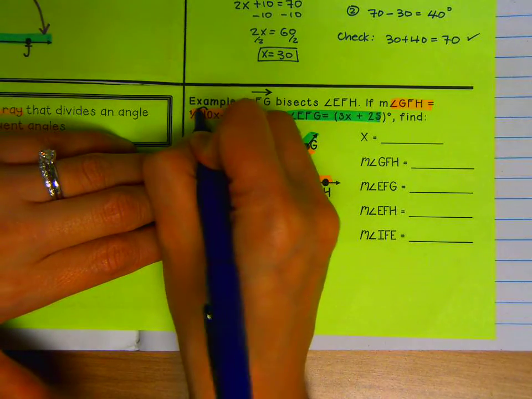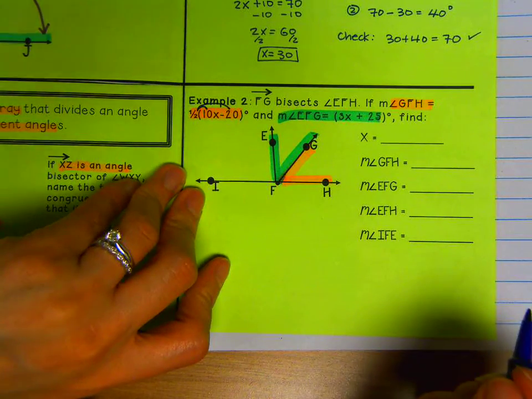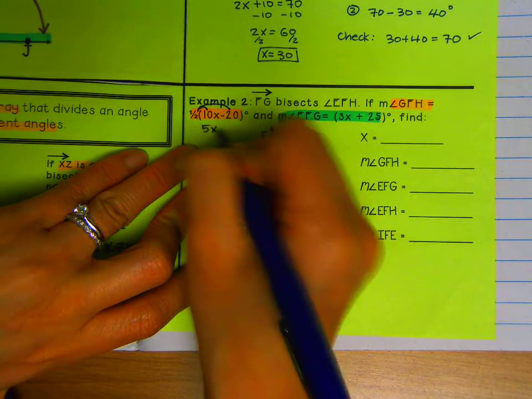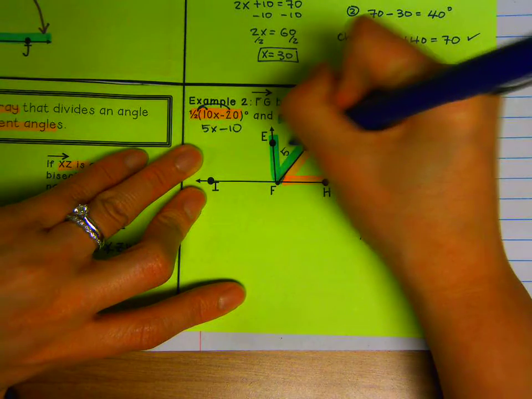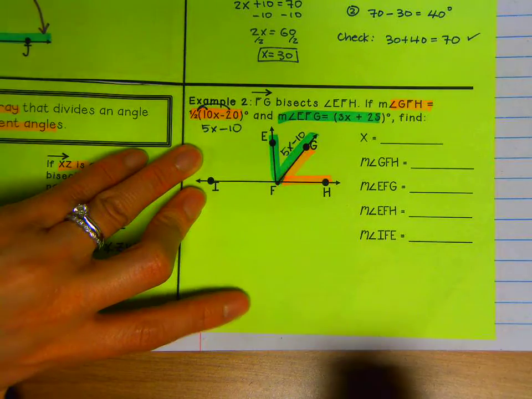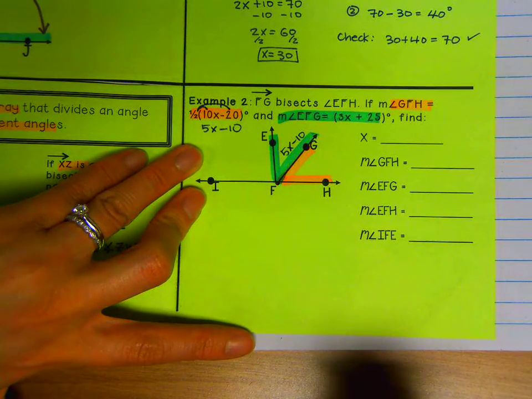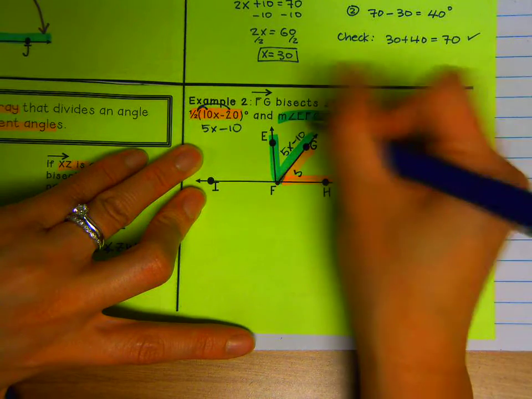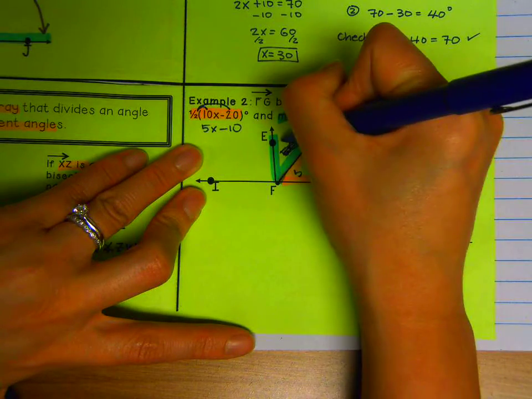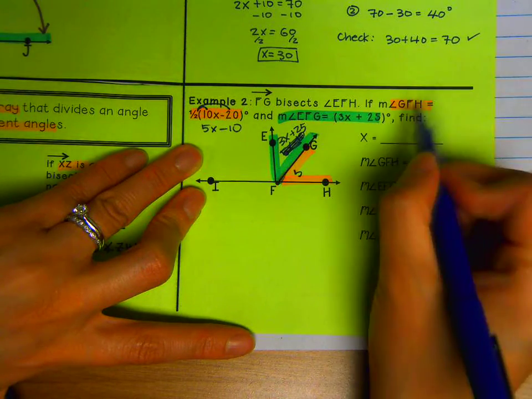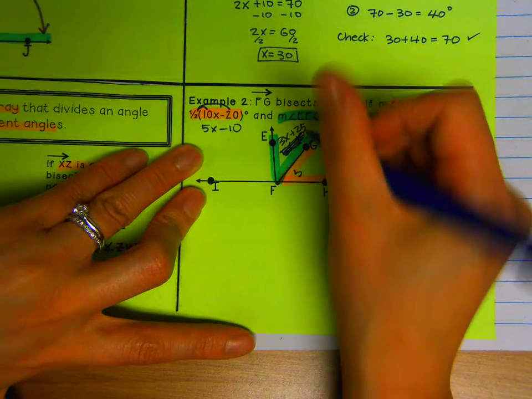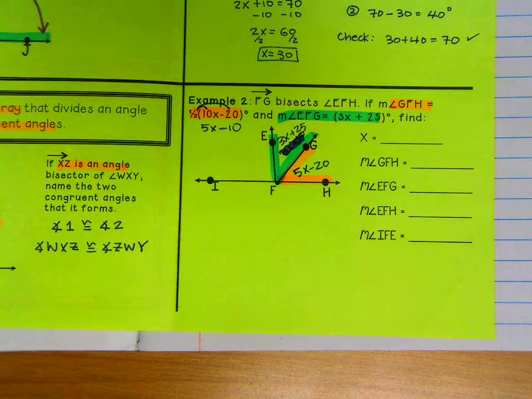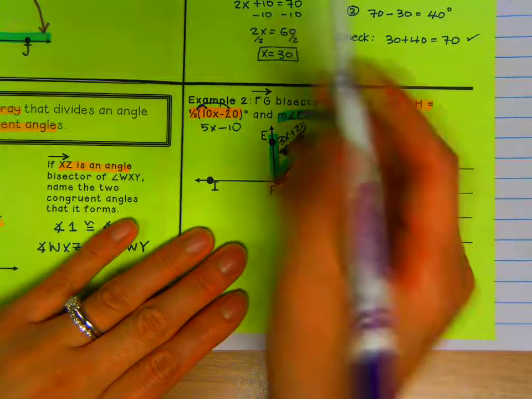Like we did in example 1, we can distribute the coefficient, so we distribute half to each term: 5x minus 10. I'm going to cross off the old expression and write 5x minus 10 for angle GFH, the bottom one in the orange color, and angle EFG is 3x plus 25.